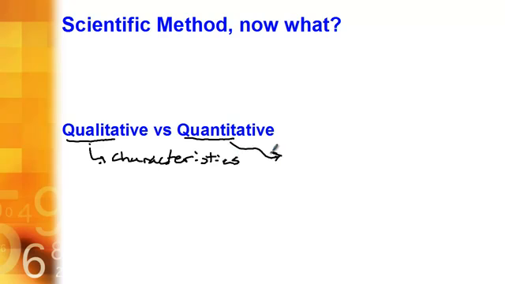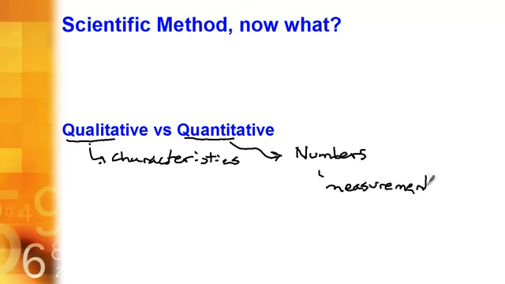Whereas quantities obviously deal with numbers. And so you've got characteristics like color and shape and things like that. Numbers, though, require some type of measurement. And so that's where we are going with this today.